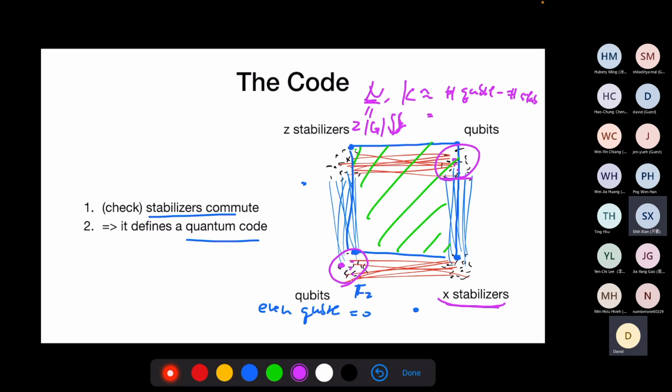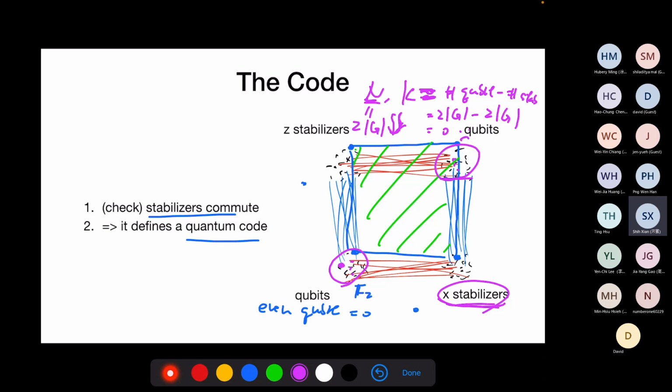This is approximately true, because the equality only holds when all the stabilizers are independent, and if x stabilizers have linear dependence, it changes. If we assume independence, you get 2g minus 2g, which is 0, which is really bad. But later we'll see a rescue for that.